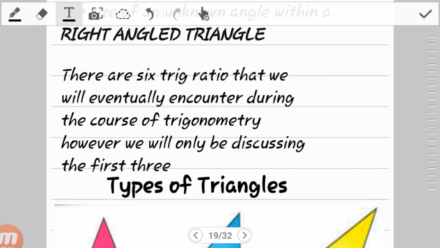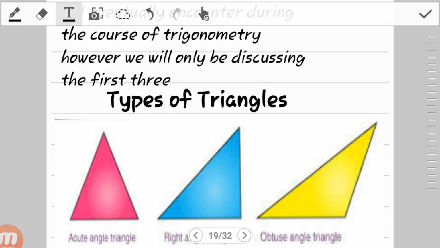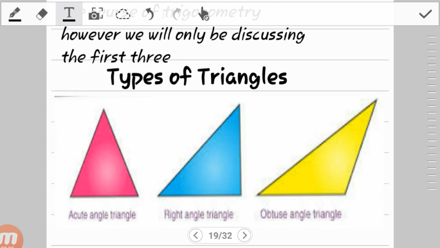Now there are actually 6 trig ratios, but at this level, the CSEC level, we are only using 3 of the 6. The first thing we have to talk about, to really comprehend the trig ratios or trig in general, is ensuring that we have prior knowledge of the different types of triangle.